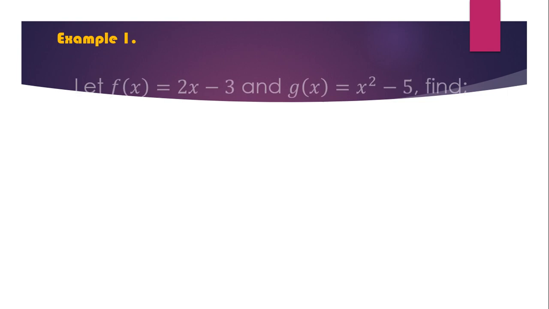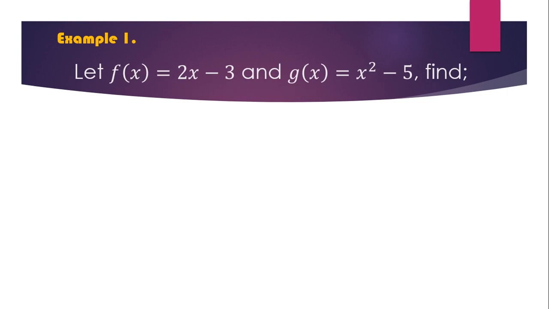So let us learn from the succeeding examples on how to perform the different operations on functions. So example number 1, let f of x is equal to 2x minus 3 and g of x is equal to x squared minus 5.